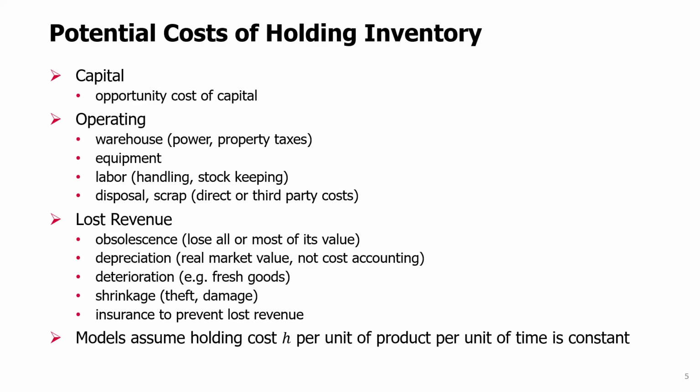Most models assume we have a holding cost H, which is dollars or some other currency per unit of product per unit of time. And we assume it is constant, so we have to have all these potential holding costs aggregated into one number.